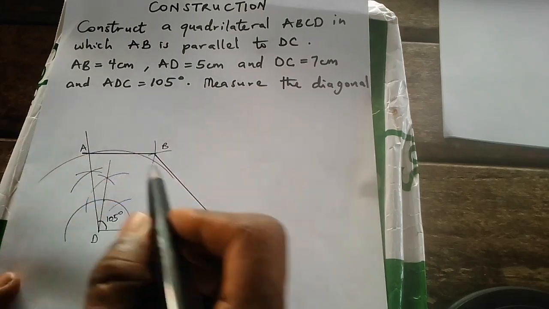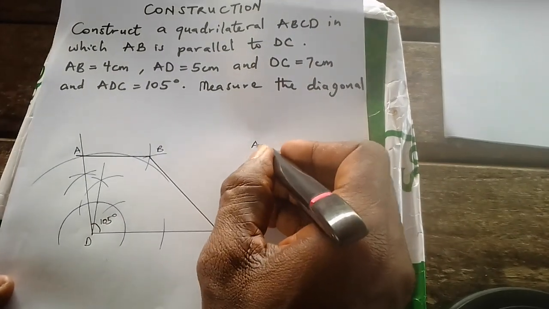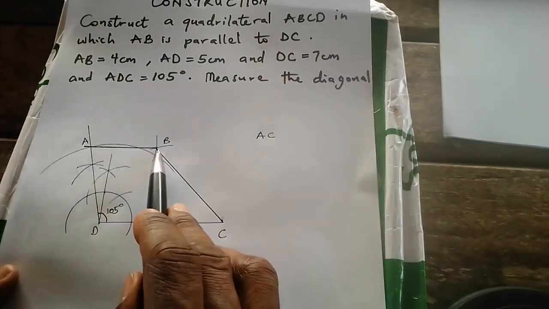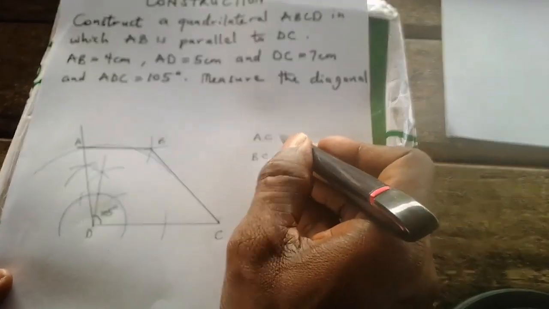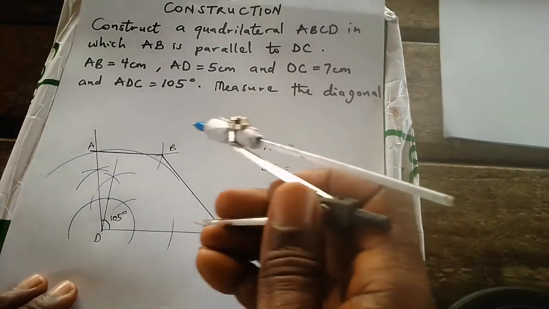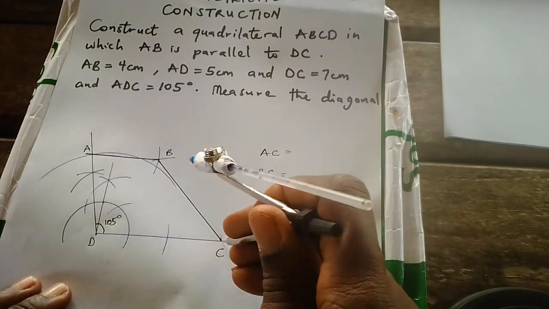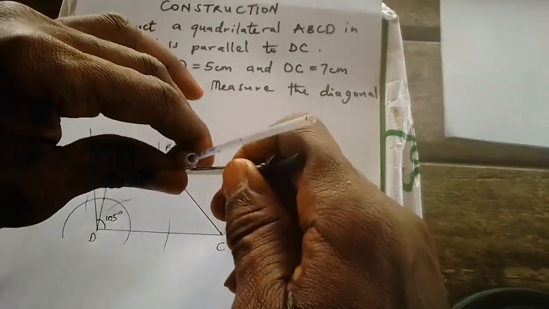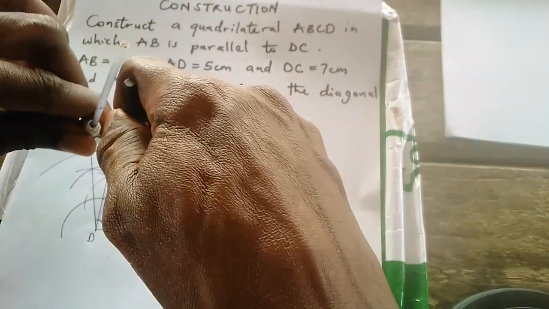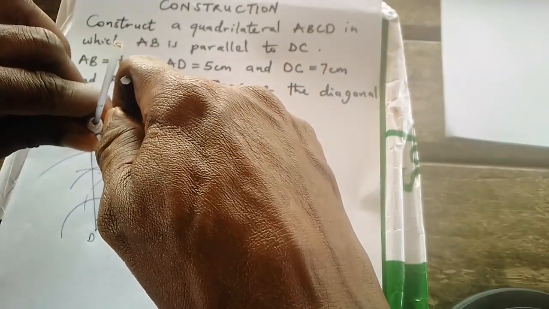We are going to measure AC and BD. To measure AC, I'll place the pin of the compass at one point here, the end of this C. I extend it till I get to A.